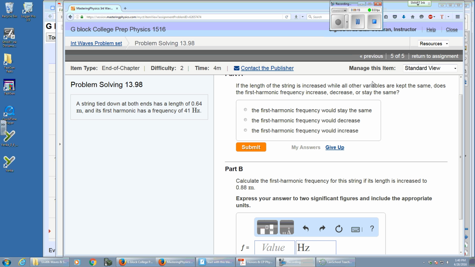All right, so looking at 3.98. That's the last problem that was asked for. A string is tied down at both ends, has the length of this, and its first harmonic has the frequency of this. If the length of the string is increased while all other variables are kept the same, does the first harmonic frequency increase, decrease, or stay the same? Well, let's see. What would cause the frequency to increase?